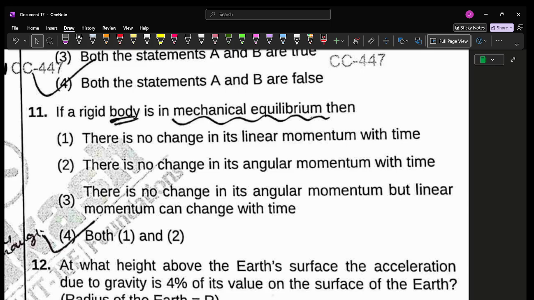Could you please help me? If a rigid body is in mechanical equilibrium, I know it is correct that linear momentum and angular momentum have to be constant with respect to time. But is it only these two, or is it something else? And how else can they ask these questions? What exactly is this mechanical equilibrium? Could you go in depth with this so that I don't get confused, because I was not really 100% sure.